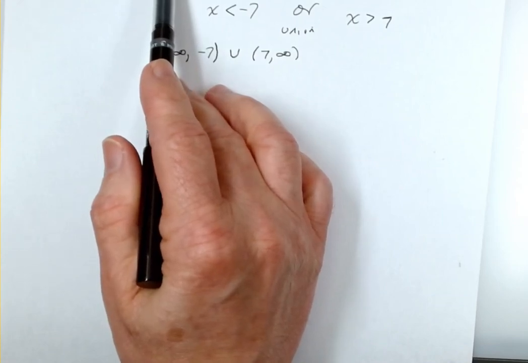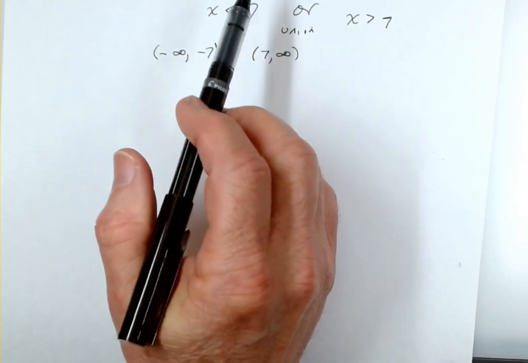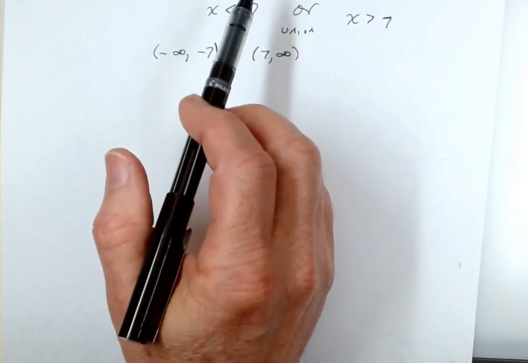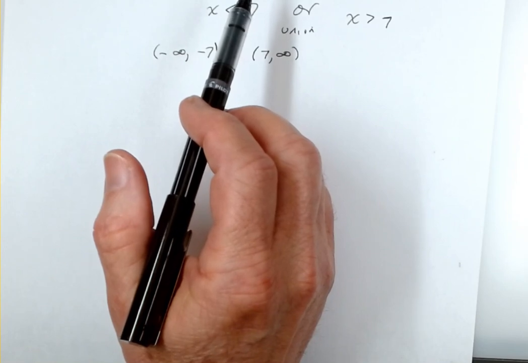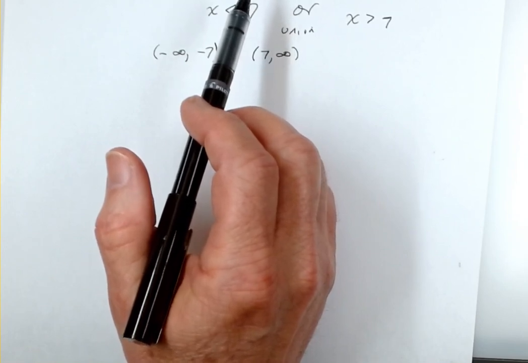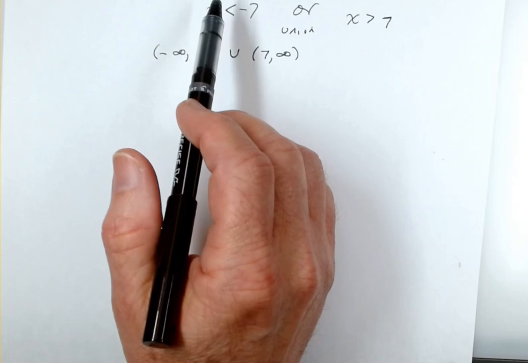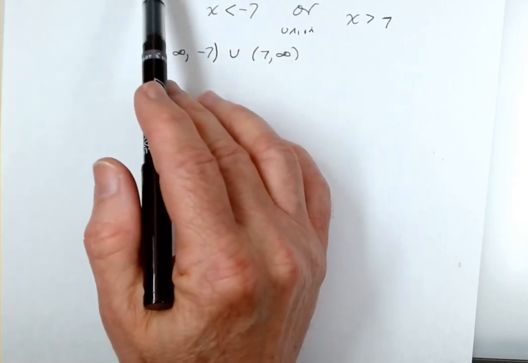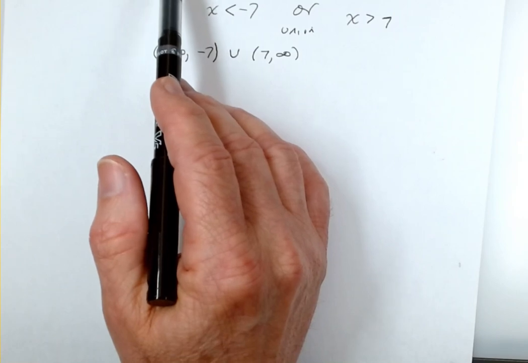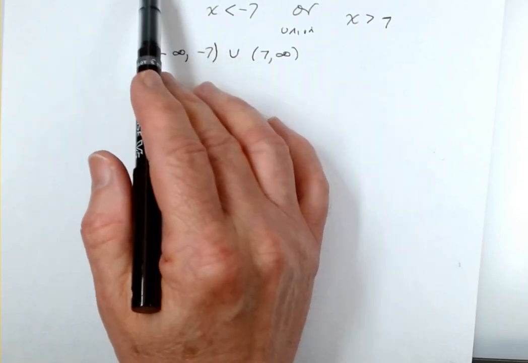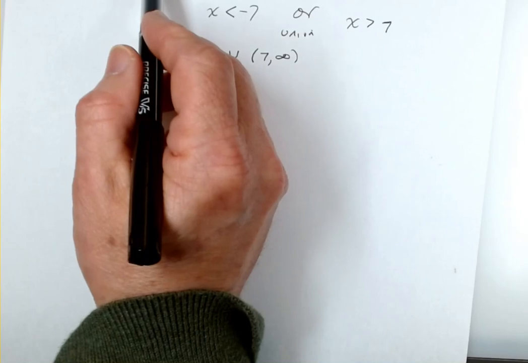Does the formula change for equal to, besides shading in a line when we put it on the graph? You're talking about absolute value equation or absolute value inequality? These are inequalities. So you're talking about this being an equal sign?